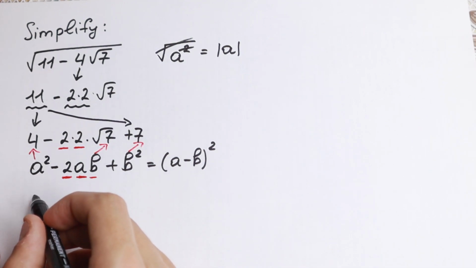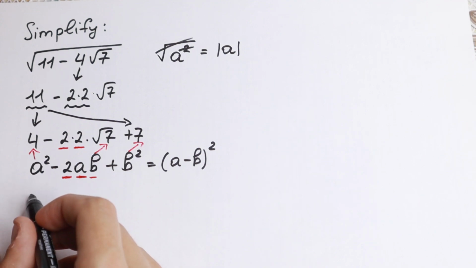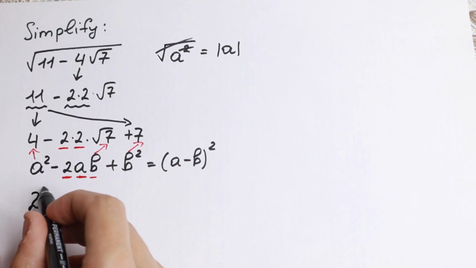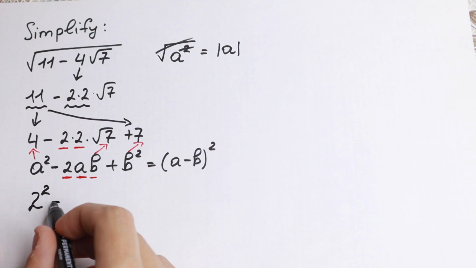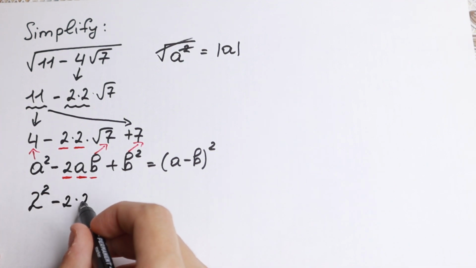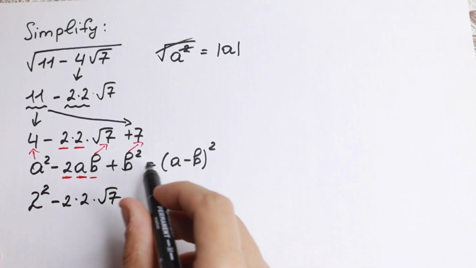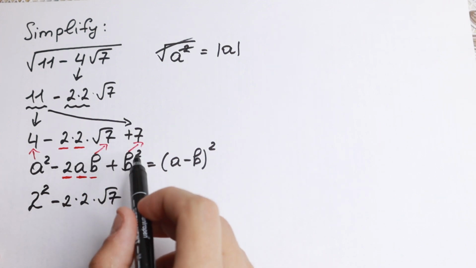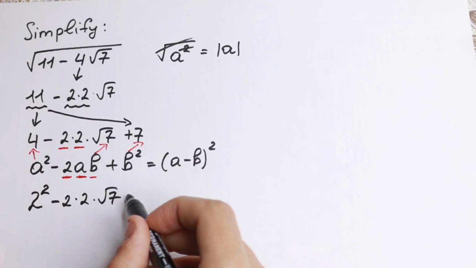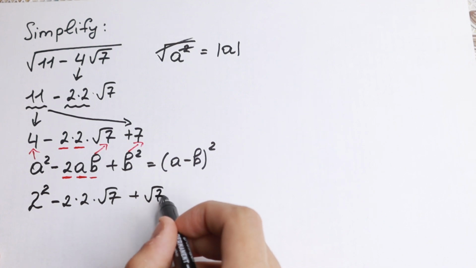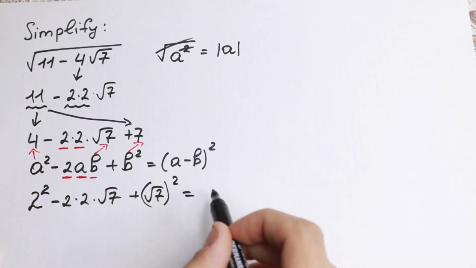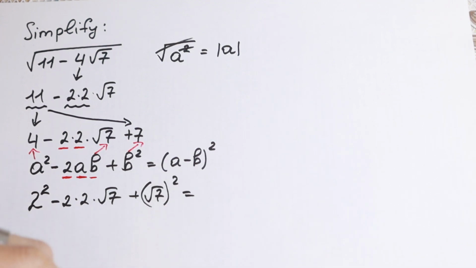Take a look. We need a square, but right here we have 4. So if we write this a square as 2 square, this is the same, minus 2 times square root of 7. And if we write this 7 not as 7 but as square root of 7 to the square, take a look closely what we will have. This is our formula right here.